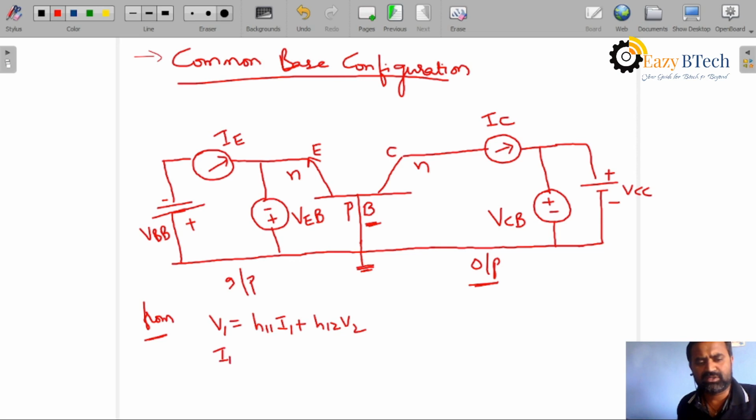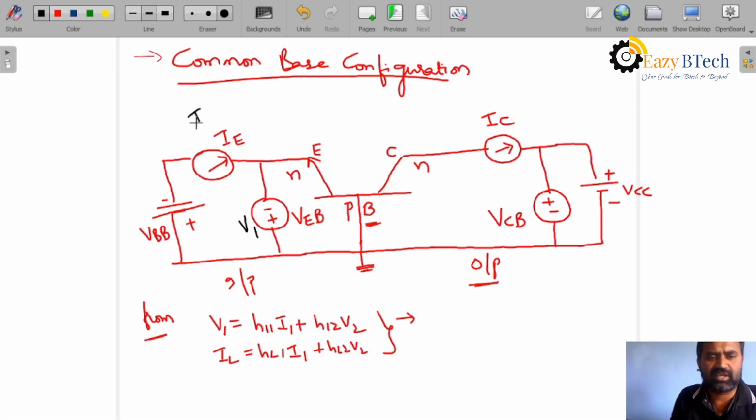Next, I2 is equal to H21 I1 plus H22 V2. From this, this voltage we will call as V1, this current we will call as I1, this current we will call as I2, and this voltage we will call as V2.